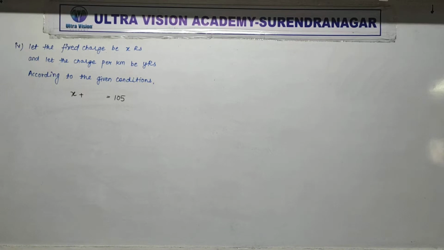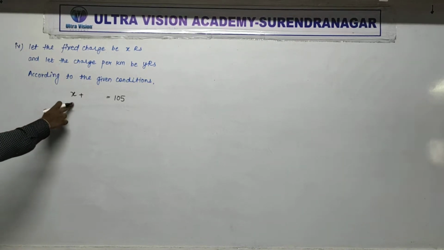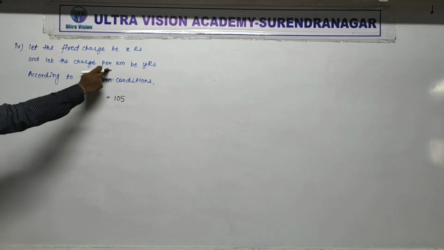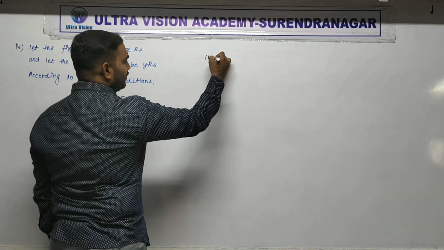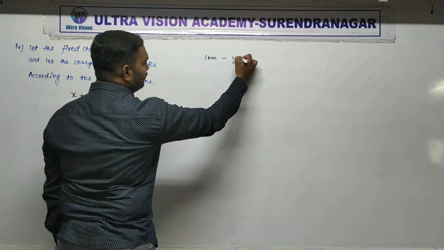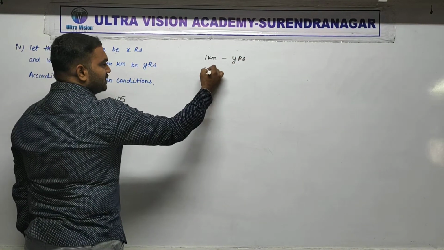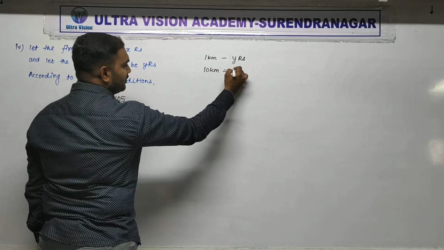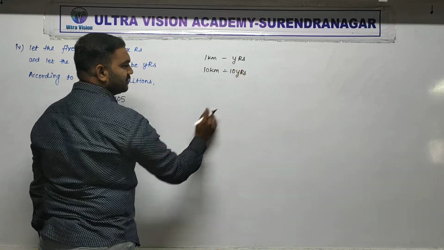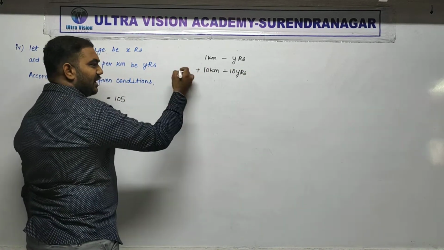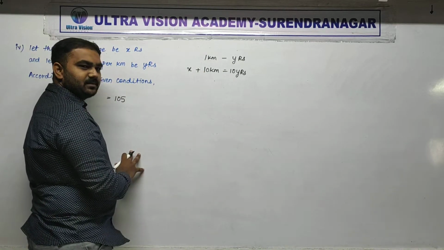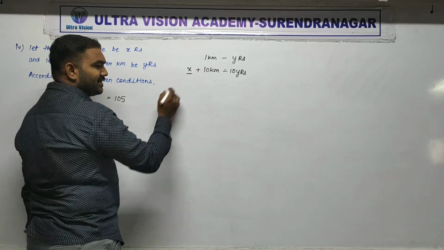What is the fixed charge? X. What is the charge per kilometer? 1 kilometer has a charge of Y rupees. What will be the charge for 10 kilometers? 10Y rupees. Ready? And in addition to that, I need to pay the fixed charge, which is X rupees.